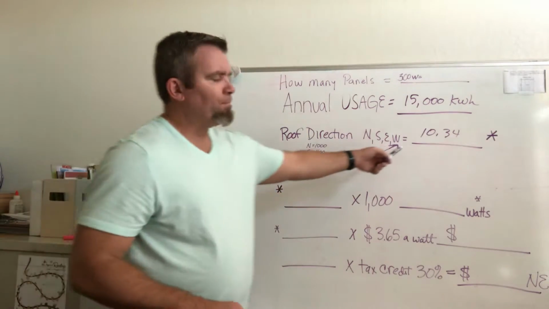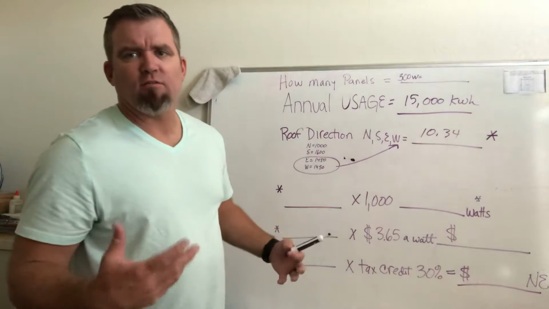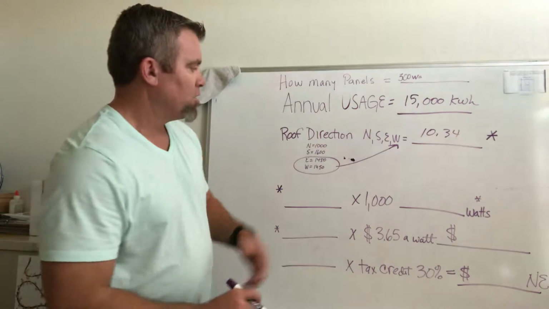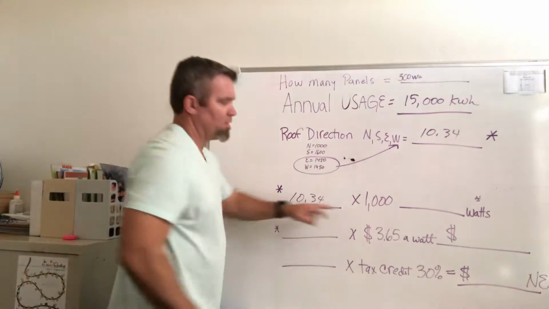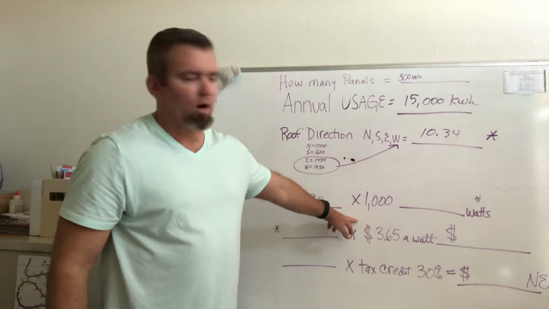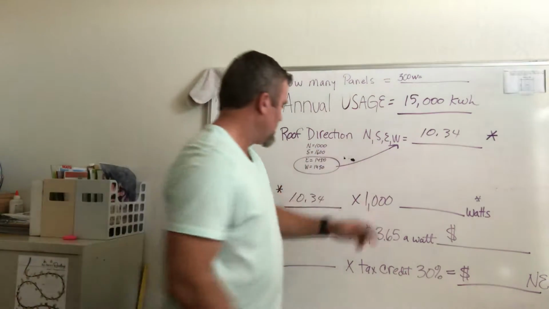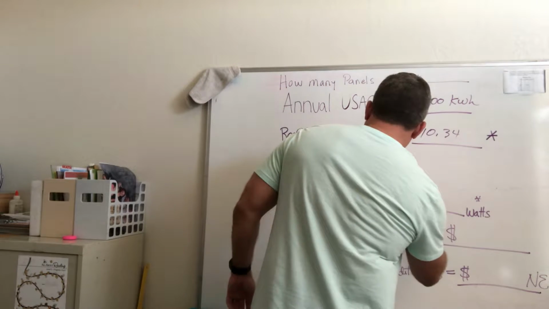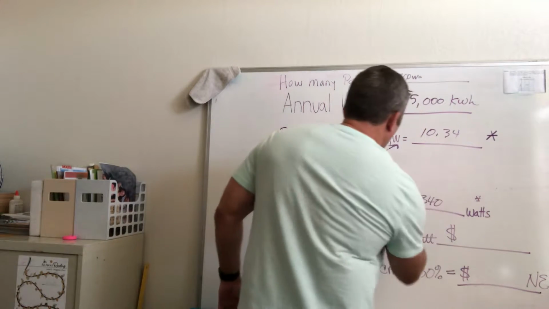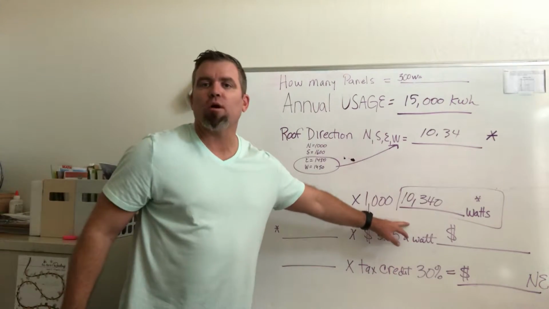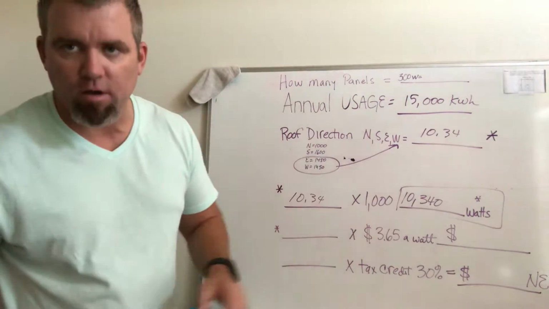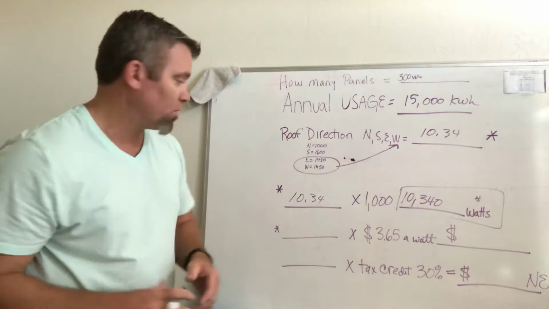So I've got to put it into watts because I really need to figure out how much wattage is used. 10.34 times 1,000, because we need it back in watts, these are kilowatts, gives me 10,340 watts of power I'm going to need for solar.